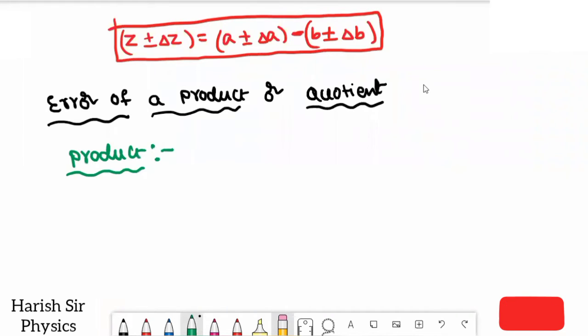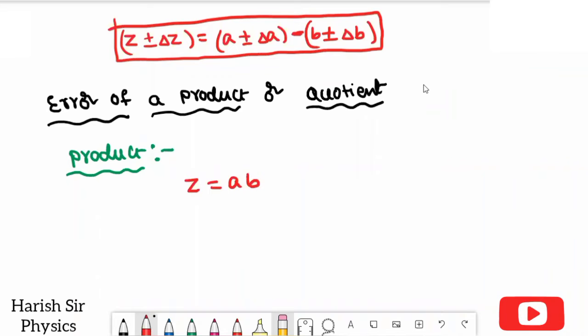If we take a product, A and B are the two quantities, so the resultant will be Z. Z is equal to A into B, because of multiplication. Delta Z is the error.